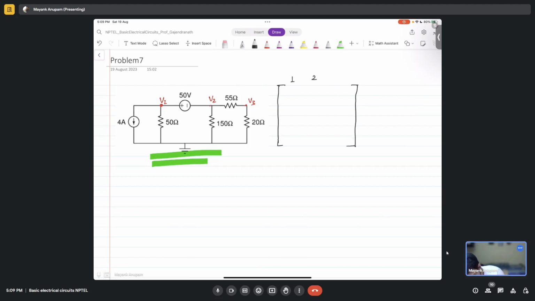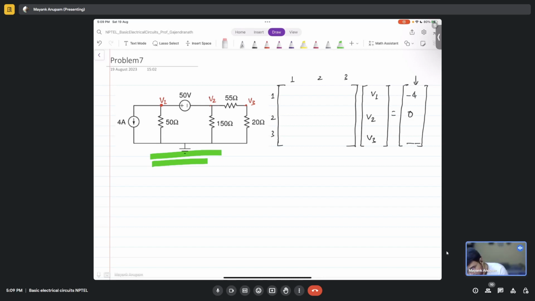With columns V1, V2, V3. What will be the entry here? Minus 4, right? This will be 0. I will not worry about this one.